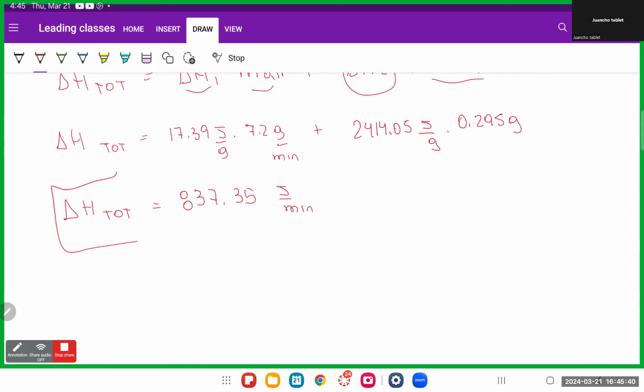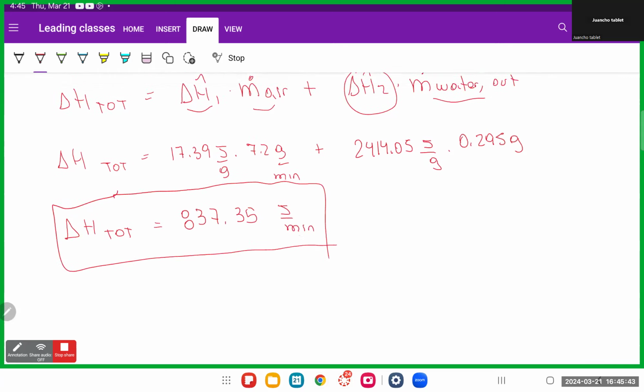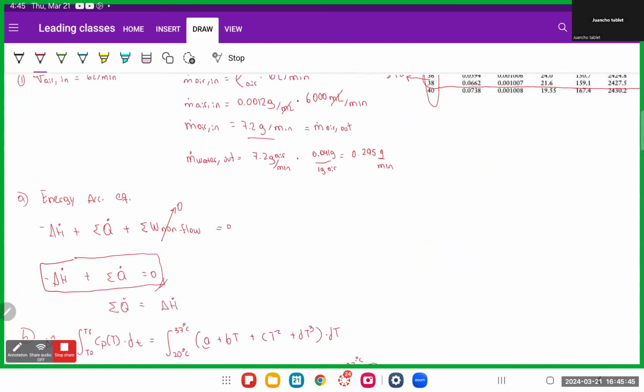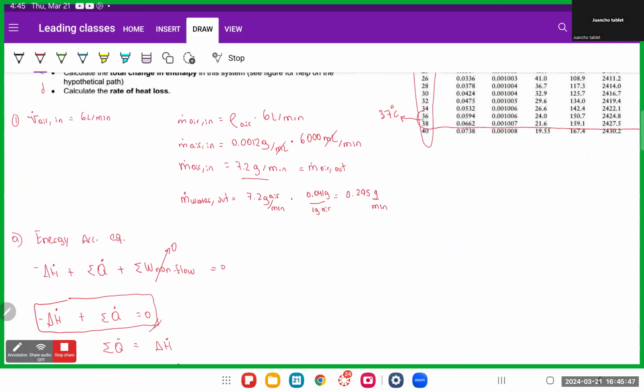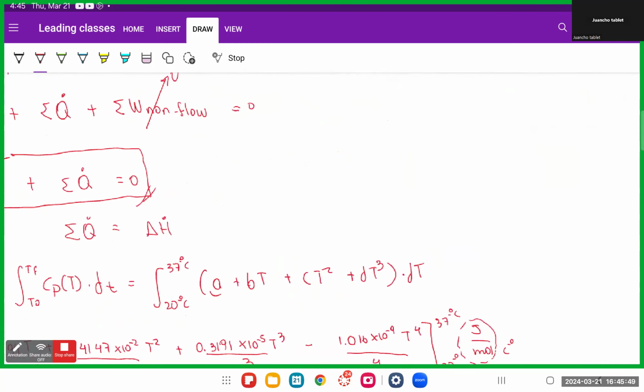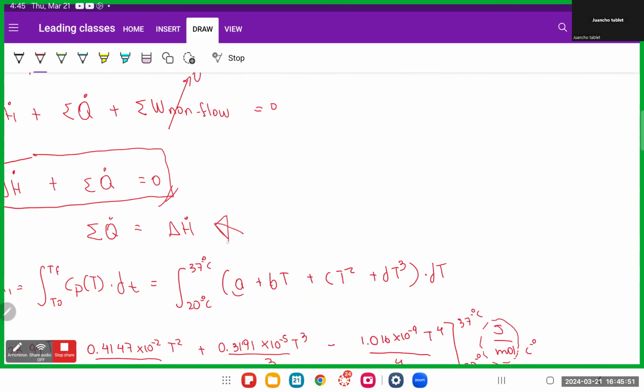Okay, and now if we go again to the energy accounting equation, this part over here, we see that the heat transfer, the heat loss, is going to be equal to the change, the rate of enthalpy change.